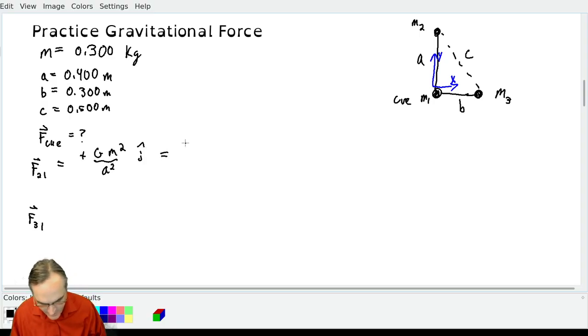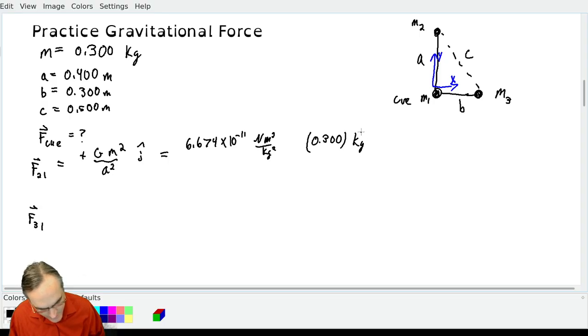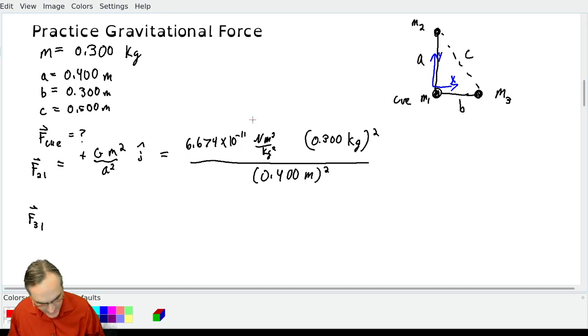So if we put numbers in there, 6.674 times 10 to the minus 11 newton meters squared per kilogram squared, times 0.300 kilograms, whole thing squared, all over 0.400 meters squared. Quick check, kilograms will cancel here, meters squared will cancel there. We're just going to get units of newtons.